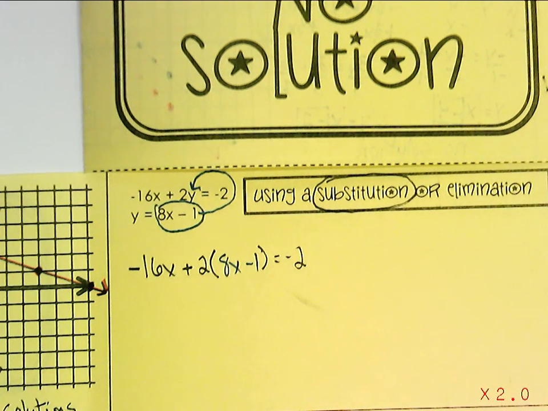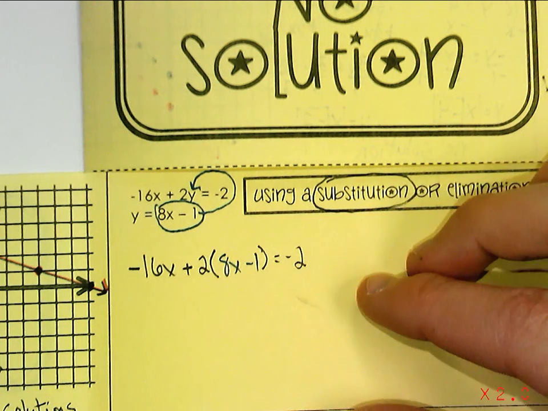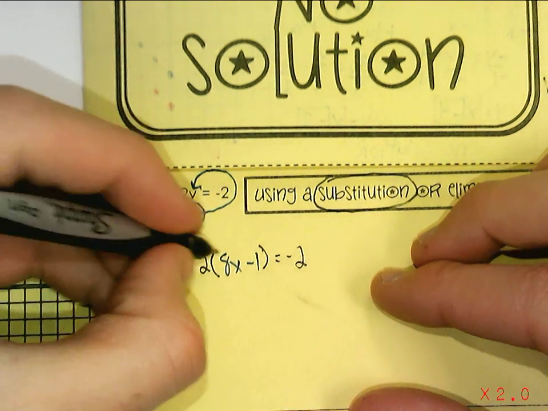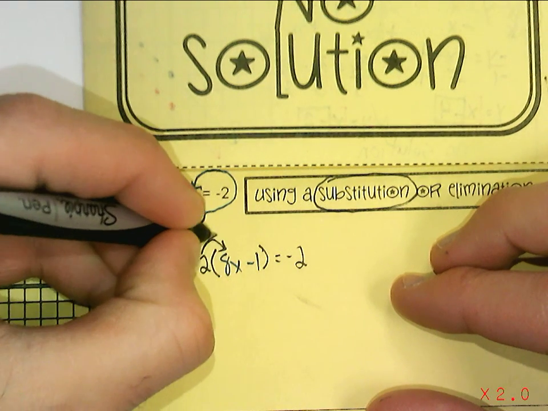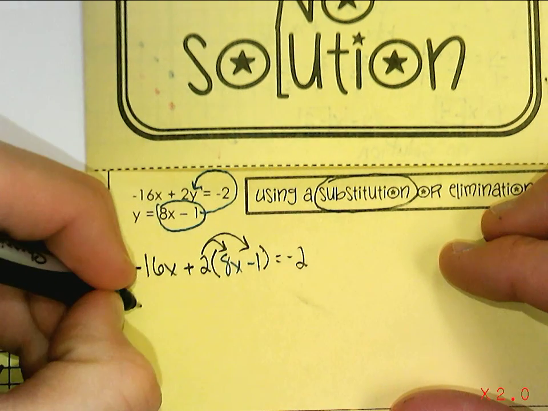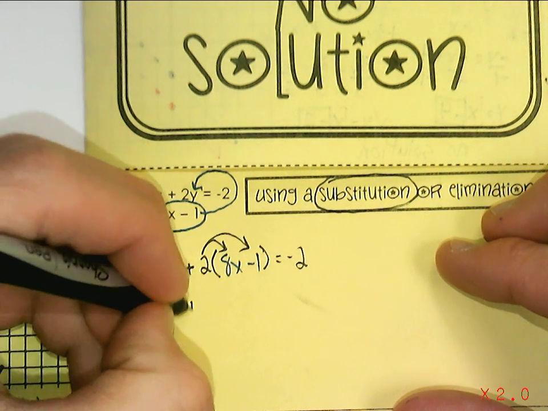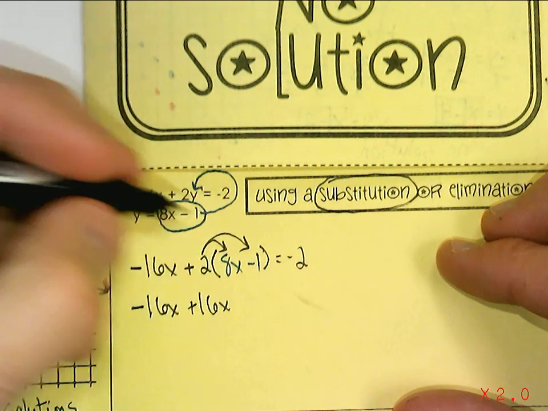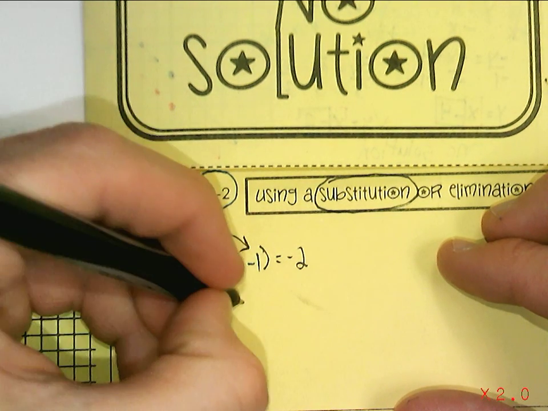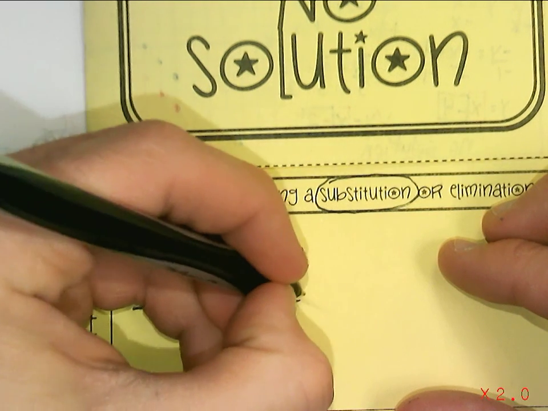We need to use the distributive property, we need to combine like terms, do some subtraction or addition, and then some division, and we should get the value of x. So let's distribute first. So we're going to write down everything else I have. Negative 16x plus 16x minus 2 equals negative 2.